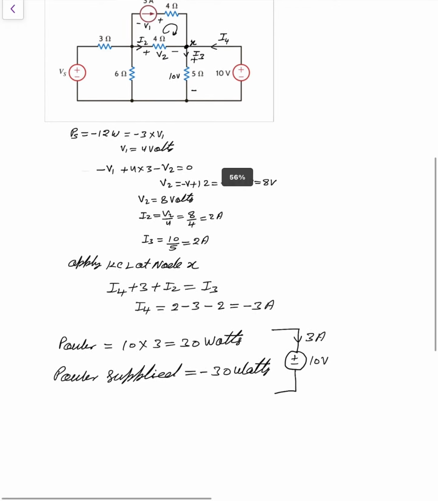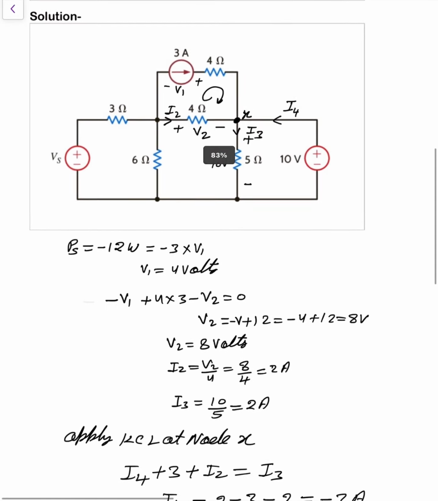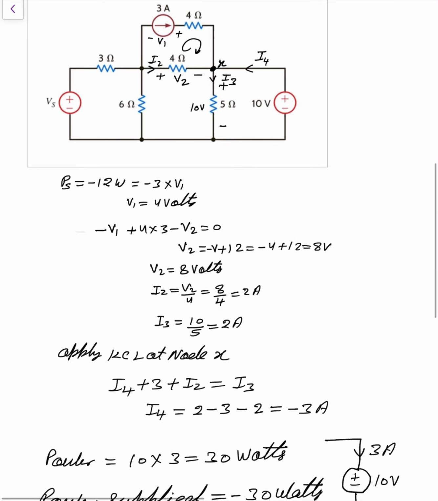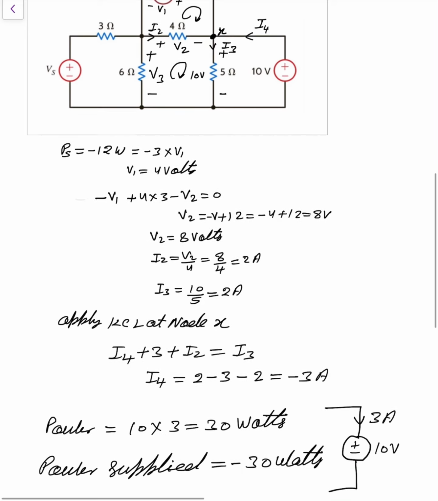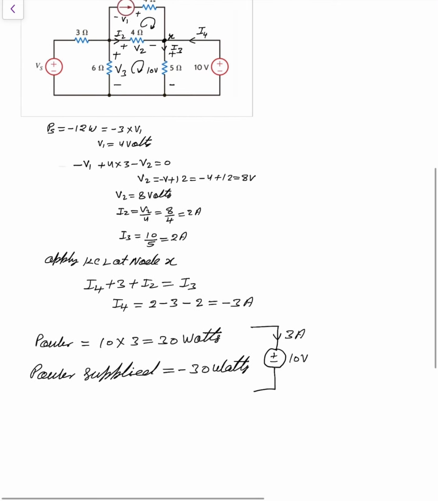Now our next target: what about Vs? If you see very carefully, suppose that this is V3. Apply KVL in this loop. Simply minus V3 plus V2 plus 10 is equal to 0. So V3 is written as V2 plus 10.